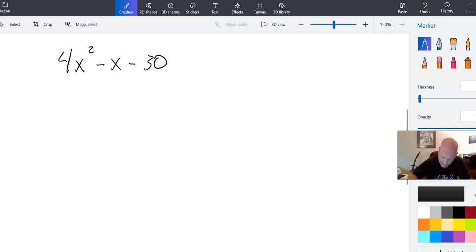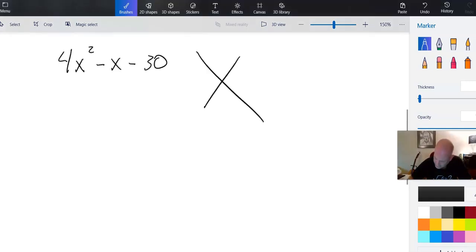All right, so let's take a look here. I'm assuming you've worked everything out. Let's go ahead and check through this. Okay, so our master product, 4 times negative 30, is negative 120, and we need the factors to add up to negative 1.